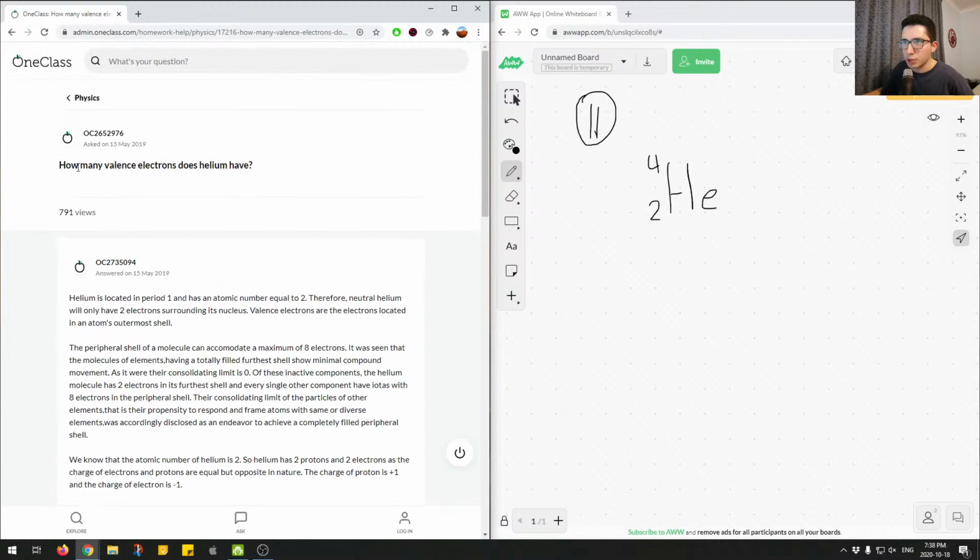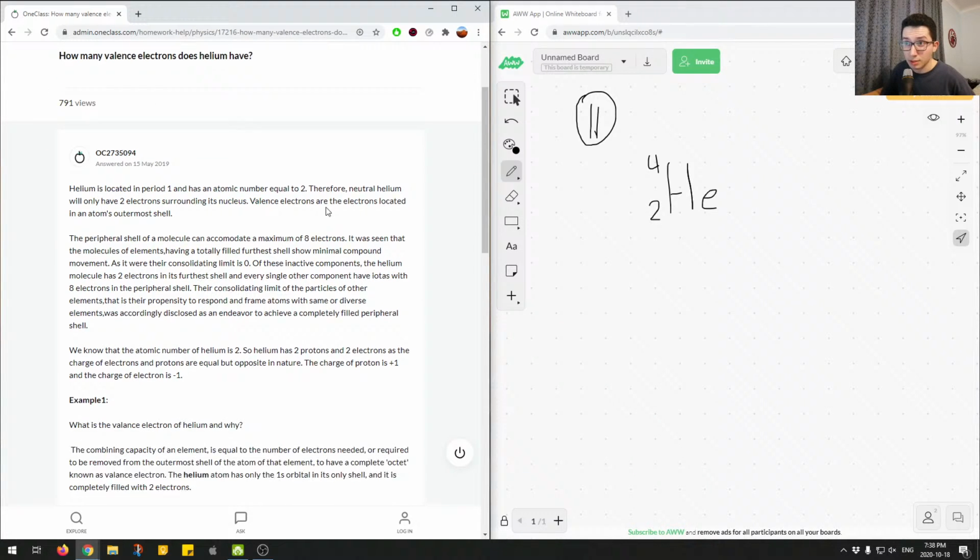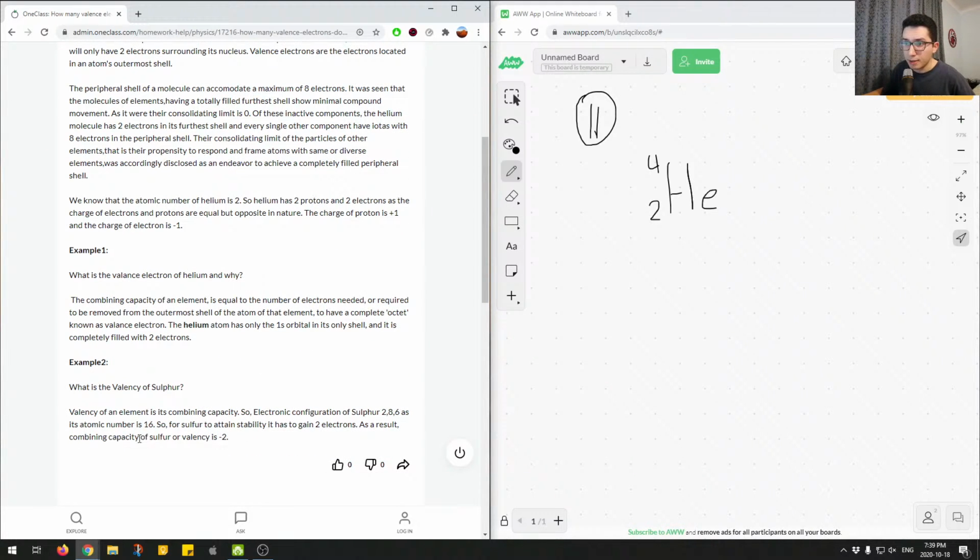Really, for this question, how many valence electrons does helium have? You only really need to say there's 2 electrons. It's not a very complex question. What is the valency of sulfur? Valency of an element is its combining capacity, so the electron configuration of sulfur, we have an atomic number 16. So to attain stability, you would have to gain 2 electrons. As a result, the combining capacity of sulfur has a valency of -2.